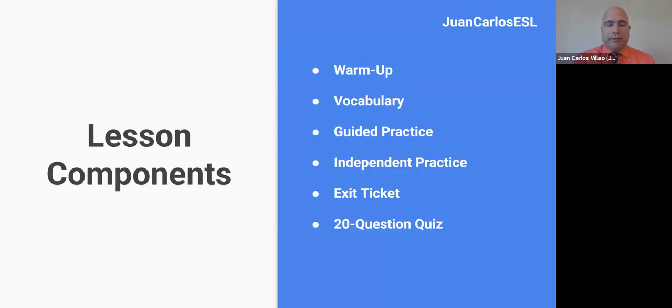Entonces, así como antes, en las últimas lecciones también teníamos los mismos componentes en la lección, comenzando con un calentamiento, después vamos a repasar vocabulario, después práctica de guianza, después ustedes como estudiantes, los alumnos van a hacer una práctica independiente, después un exit ticket que en español es un boleto de salida, y después una prueba de 20 preguntas.